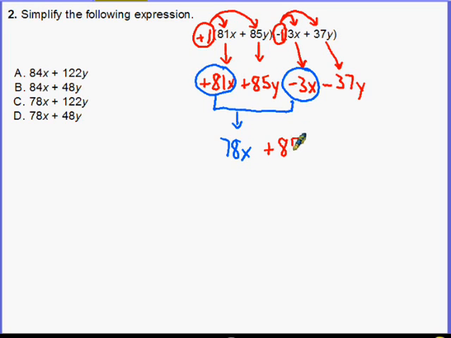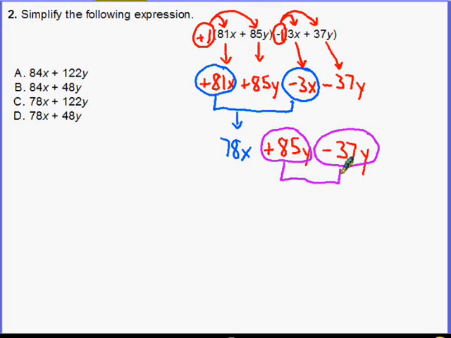I'm going to rewrite the rest of the problem. 85y minus 37y. Okay? And I'm going to combine like terms. I have 85y's, but I'm going to take away 37 of them. If I had 85y's and I take away 37y's, then how many am I going to have left?